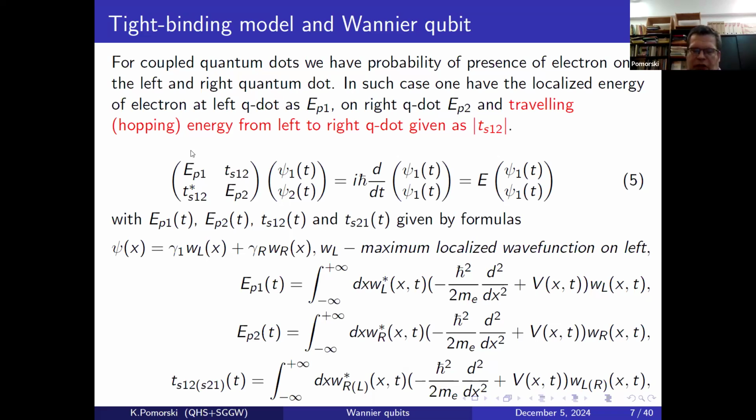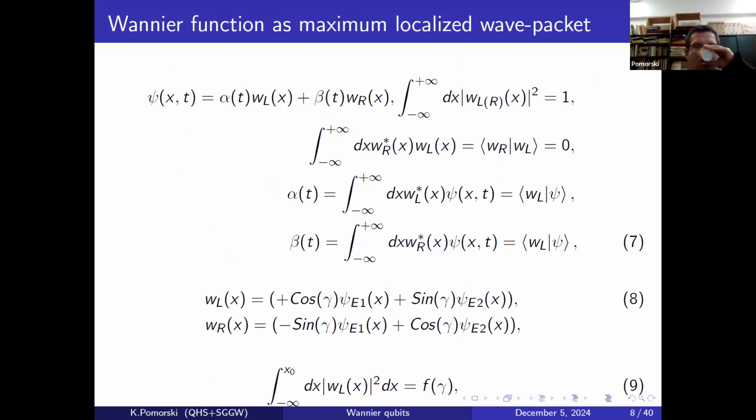Some parts of Wannier functions already appeared in condensed matter physics, but I'm using them in a slightly different context. So basically, you have these two coefficients of occupancy of the left and right Wannier functions.